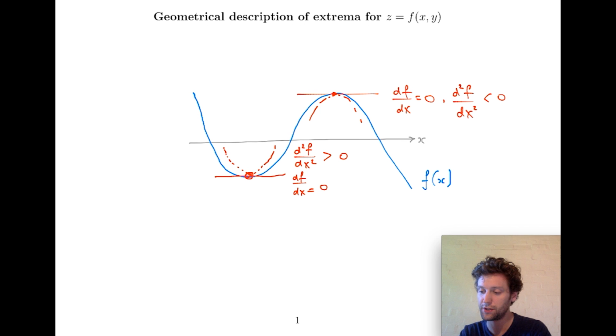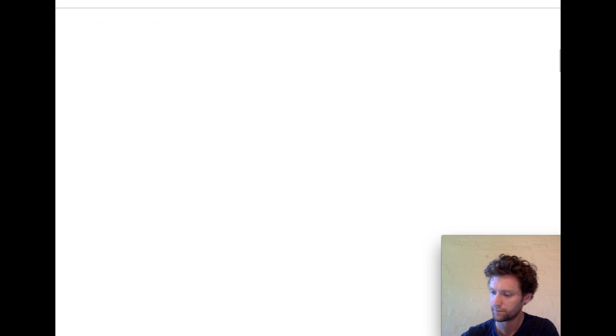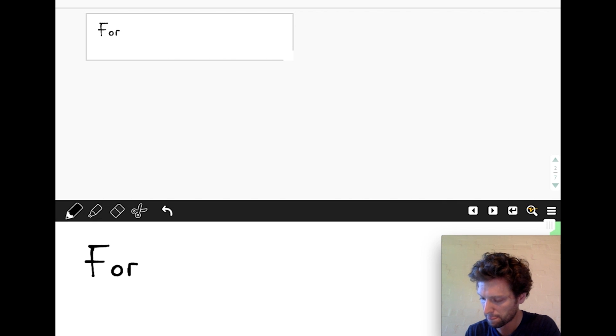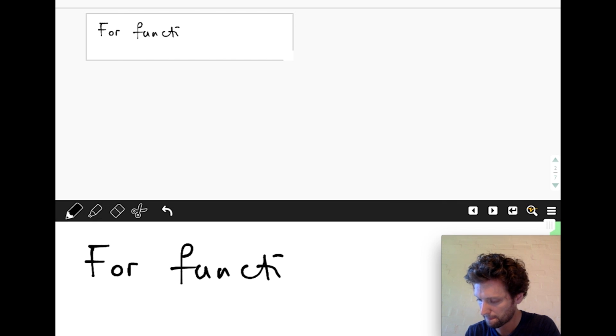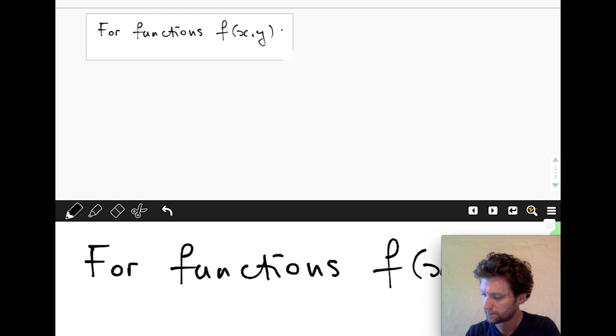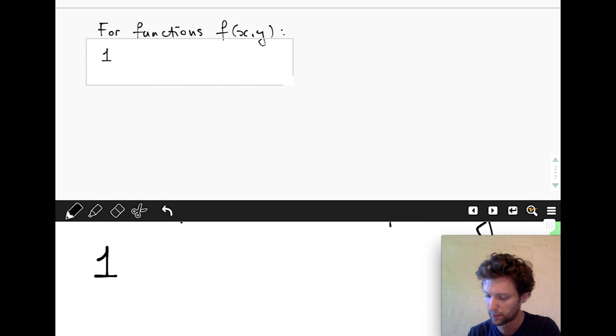Okay, so the approach in 2 dimensions is quite similar. It's a 2-step process. The first thing we do is look for the critical points by setting the first derivative equal to 0. Now, of course, I have a function of more than one variable, so I'm going to have to set every first derivative equal to 0. So our first step in the process is to look for the critical points.